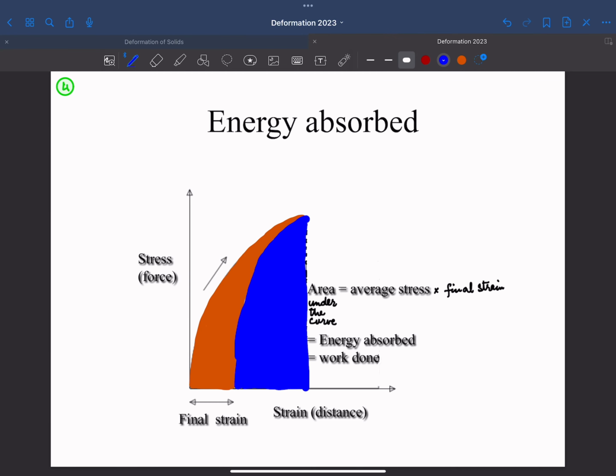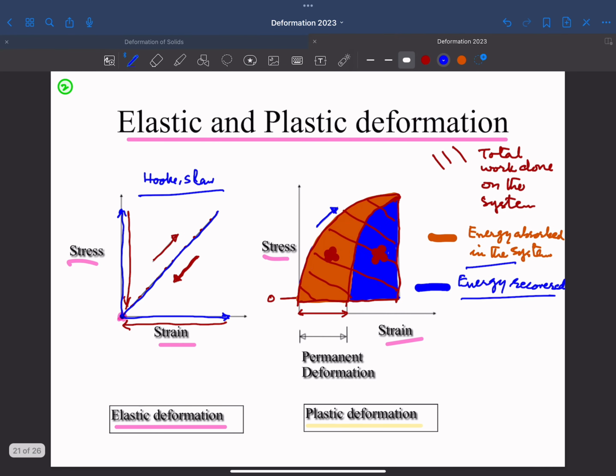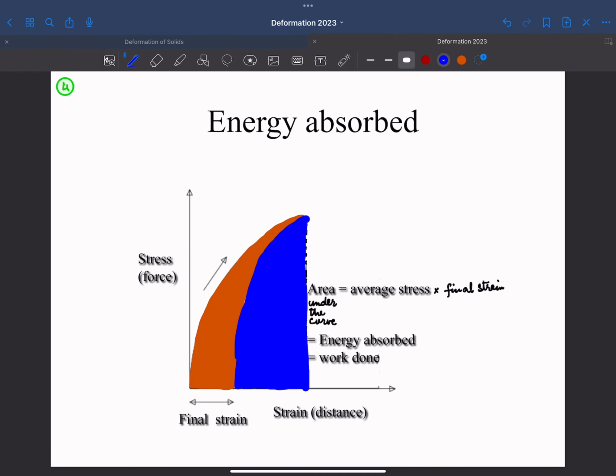Yani, on the other hand, we can mention another point here. Like if you have a graph for a material which is obeying Hooke's law completely, and for loading and unloading you have a straight line, suppose, then what will happen? Whatever work we do on the system, suppose F and E over here.